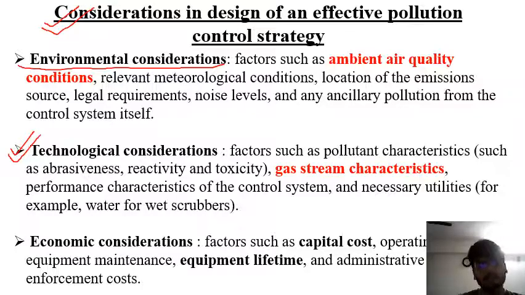What sort of equipment you require to combat that particular pollutant comes under technological consideration. Next is economic considerations. Economic means what? We need money, right? It includes factors such as capital cost, operating cost, equipment maintenance, equipment lifetime, and administrative and enforcement cost.